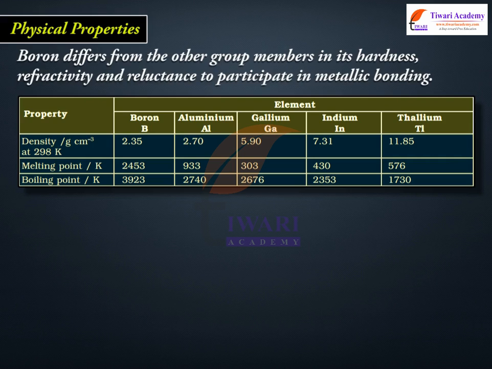It also liberates dihydrogen with aqueous alkali. 2Al solid plus 2NaOH aqueous plus 6H2O liquid give 2Na+[Al(OH)4]-, sodium tetrahydroxoaluminate, aqueous plus 3H2 gas.